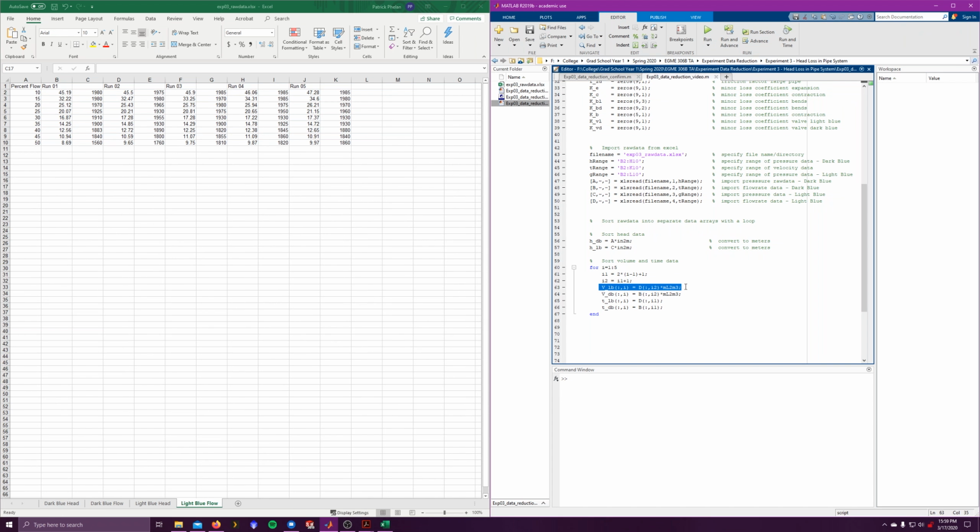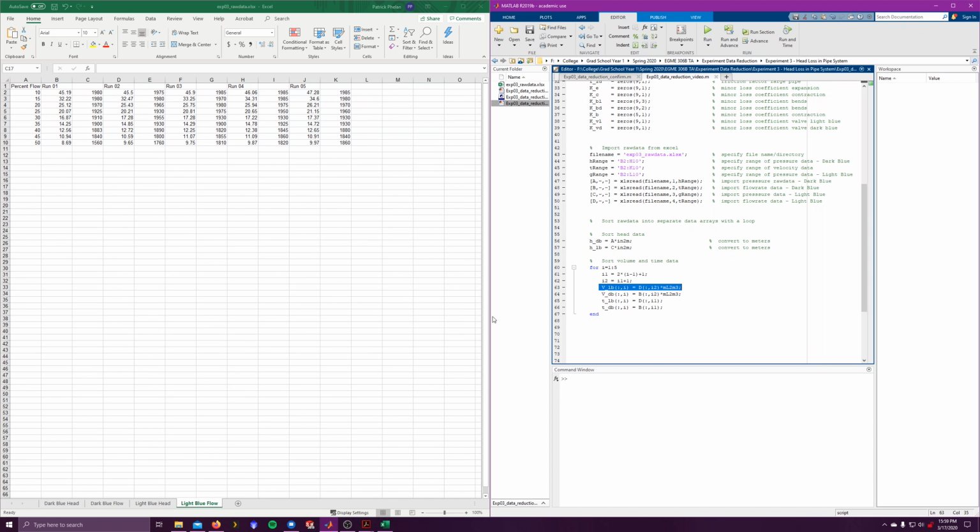Okay, so I'll just do an example for this line of code here. If we want to get the volume for the light blue circuit, I'm on this light blue flow rate data. So if I want to get this volume, I want to get this column right here, and this column, and this column, and that column.